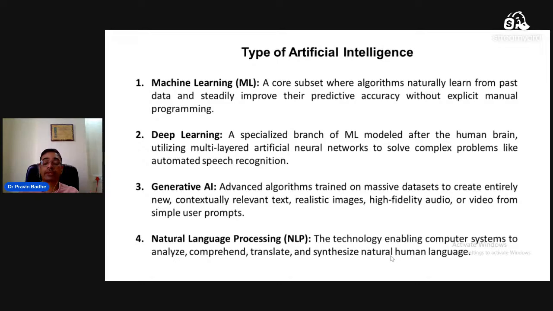Even the Swallow Biotech website was developed by myself, and I don't have any background in coding, but I'm using natural language processing and generative AI, that is the large language models, to create the code, and based on that we got the website.